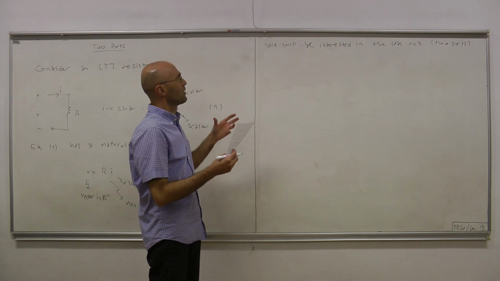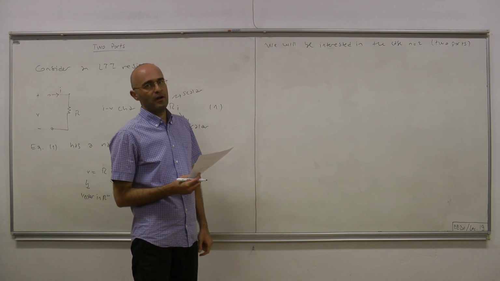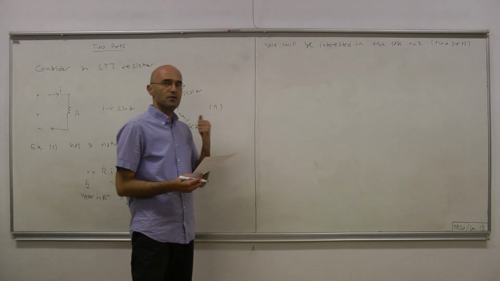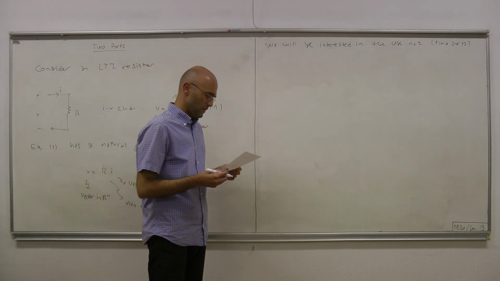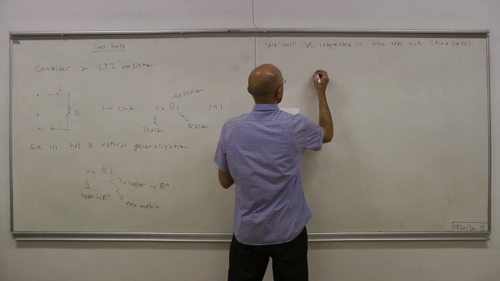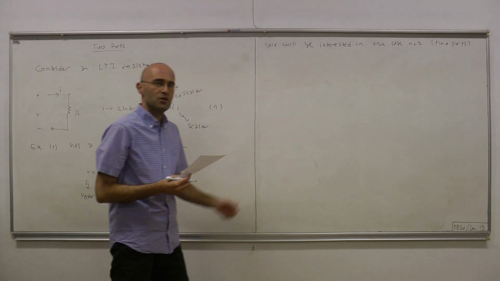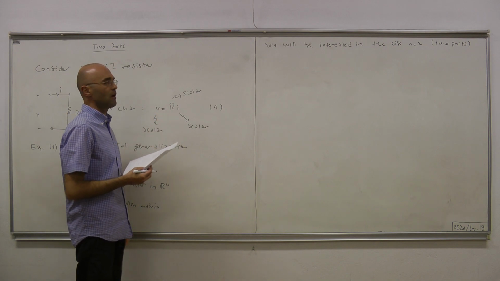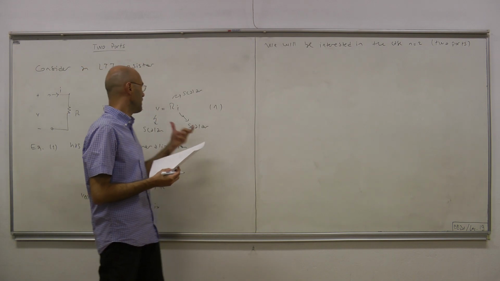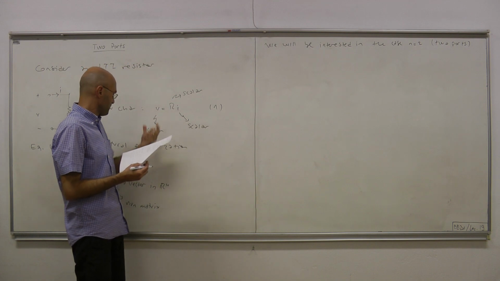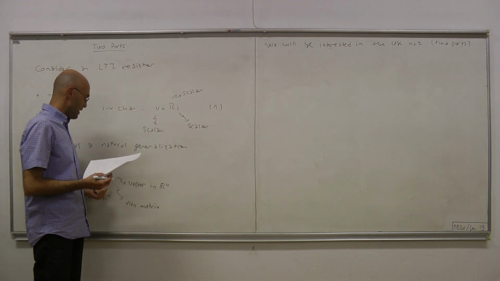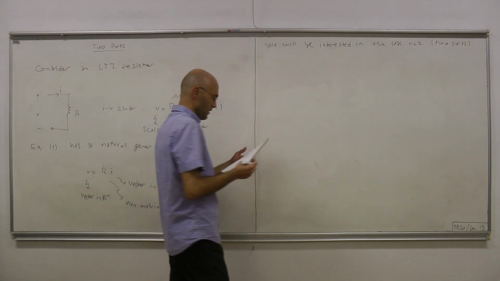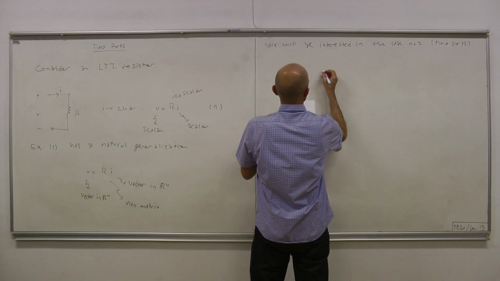Those two pairs are related to one another through some linear function if the circuit is LTI resistive. If you want to express that relation with the voltages on the left-hand side and the currents on the right-hand side, you have the equation V equals R times I, and this matrix here is called the resistance matrix. So here is the generalization.